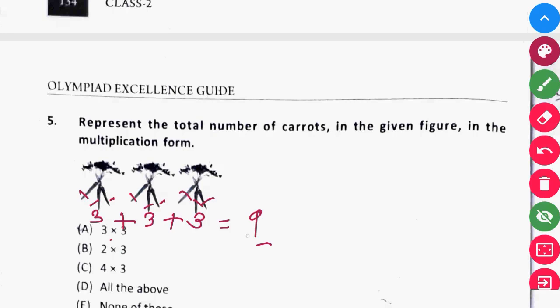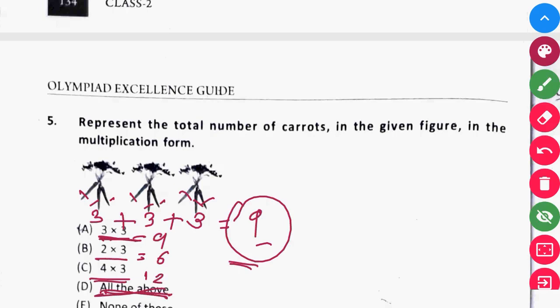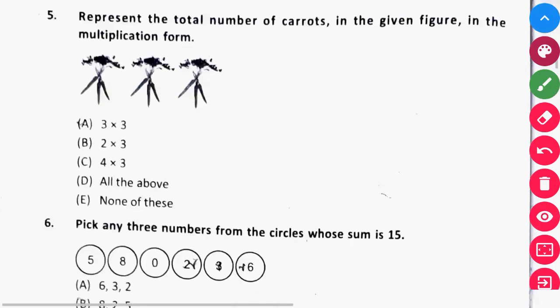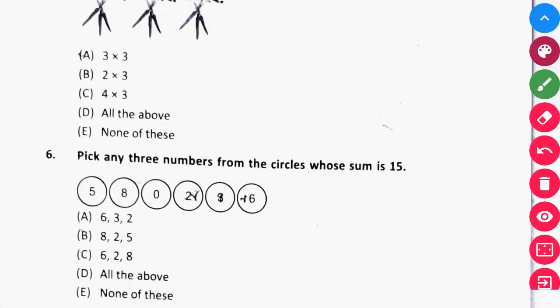Now which multiplication gives you the answer 9? You have to find it. 3 multiplied by 3 is equal to 9. 2 multiplied by 3 is equal to 6 and 4 multiplied by 3 is equal to 12. So all the other options are not the correct answer. The correct answer is option A, 3 multiplied by 3.